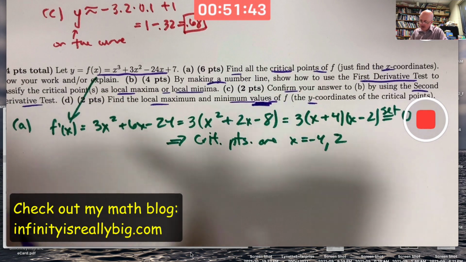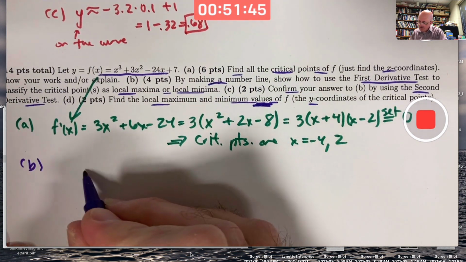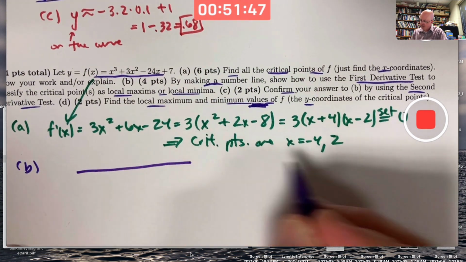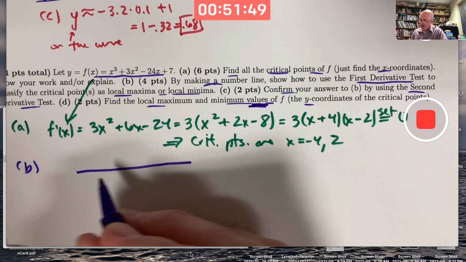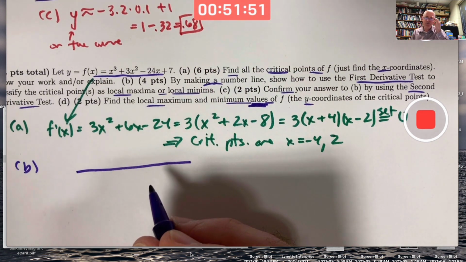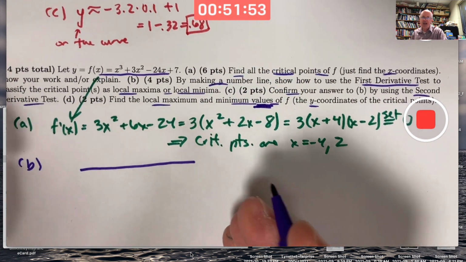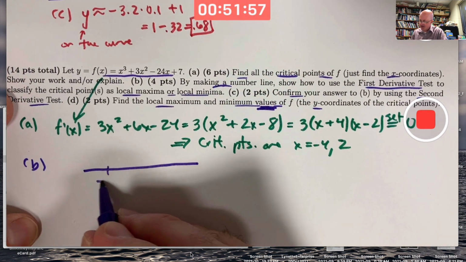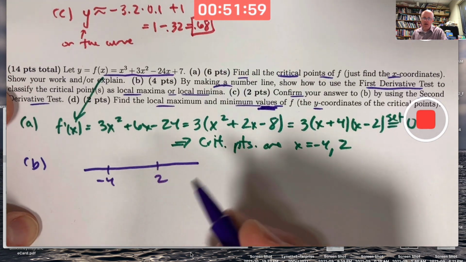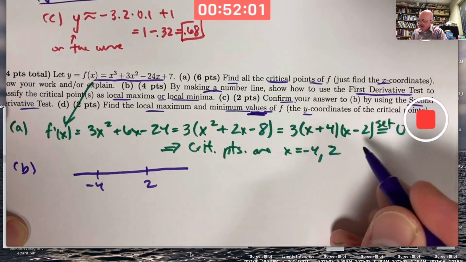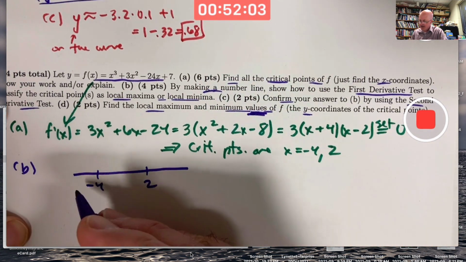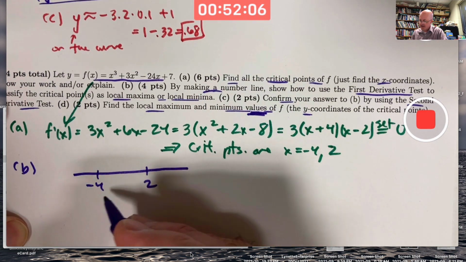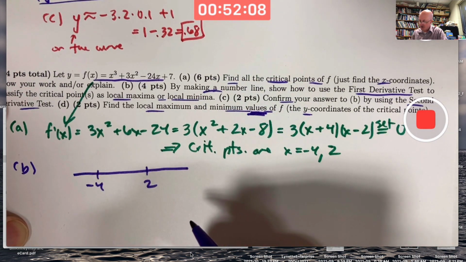Part B, make a number line. How do you use the first derivative test? To classify these things, you want to confirm the derivative changes sign in certain ways at the critical points negative 4 and 2, by just thinking about the sign of this derivative in each of these 3 intervals that these 2 numbers break the number line up into.